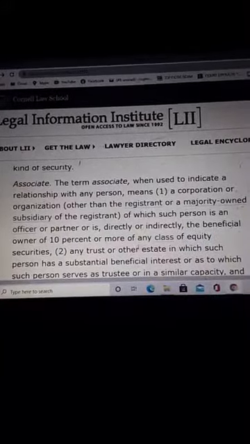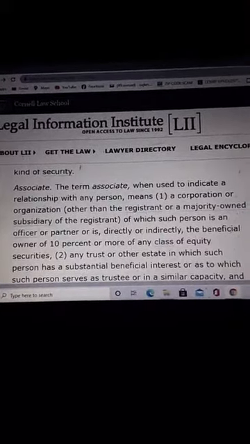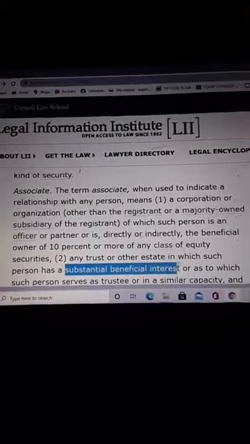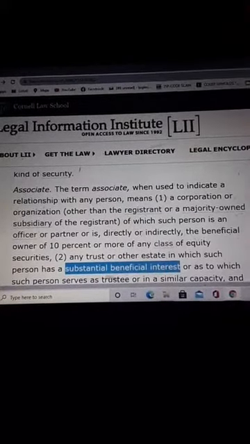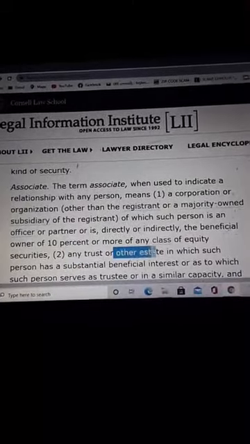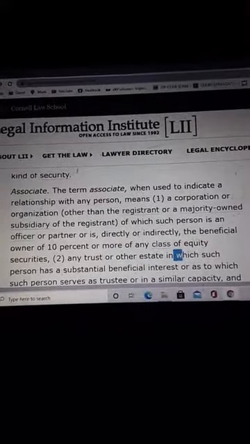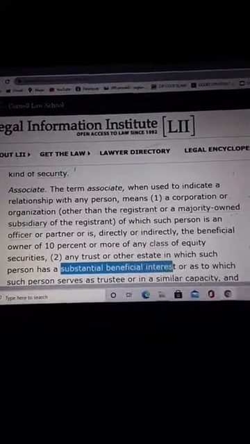Any trust or other estate in which such person has a substantial beneficial interest.